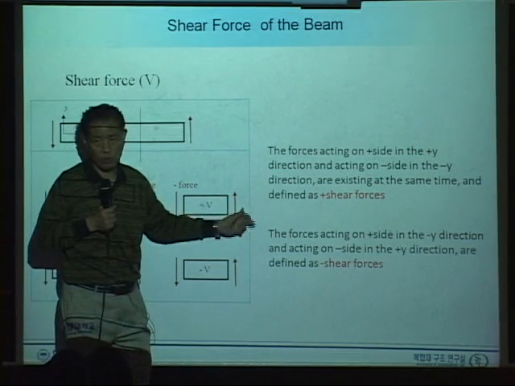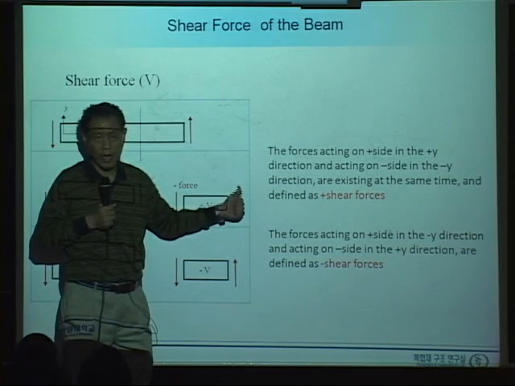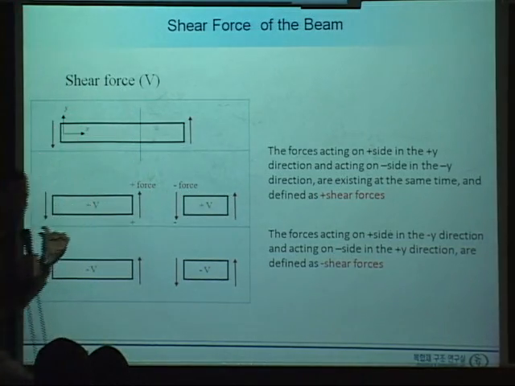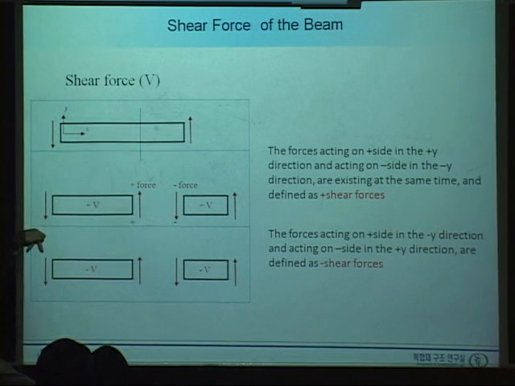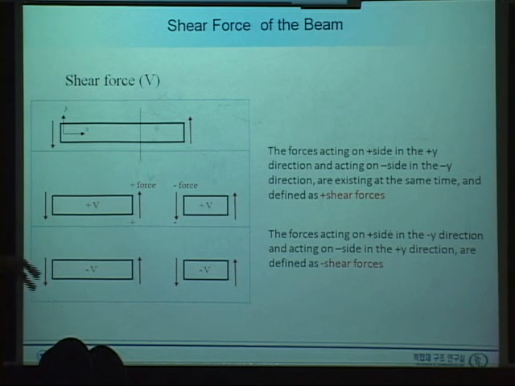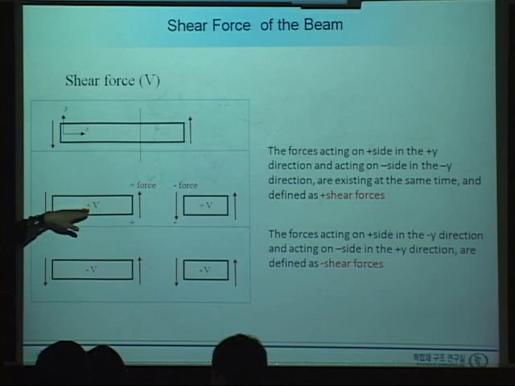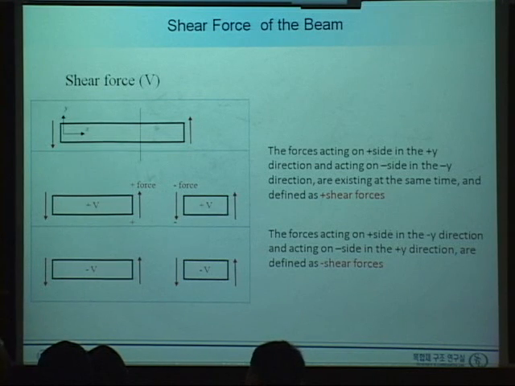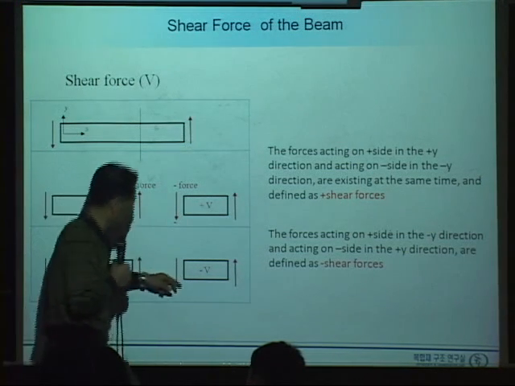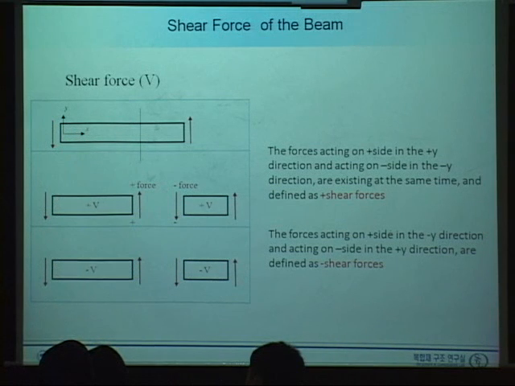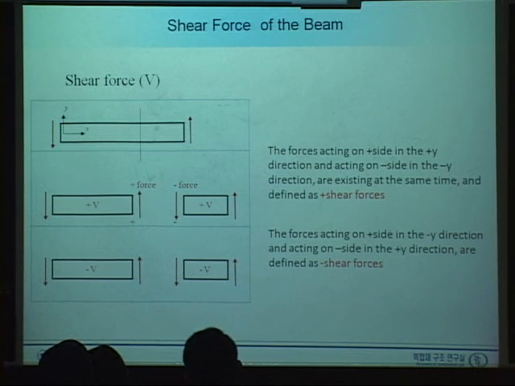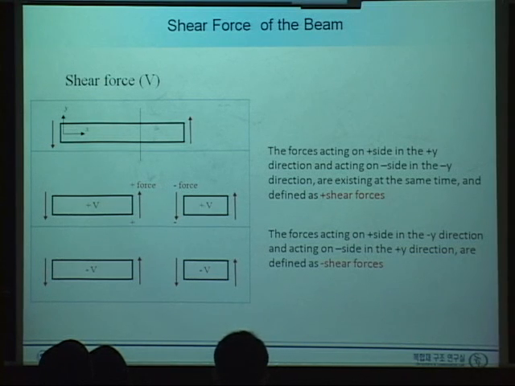The plus x surface subject to a y-directional shear force, and the minus x area subject to a minus y-directional force will be called plus shear force. On the other hand, if this one is subject to a different direction, the arrow should be this way, okay?